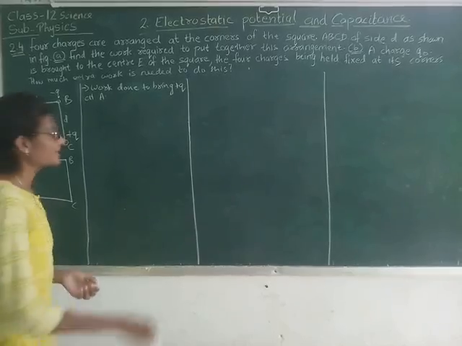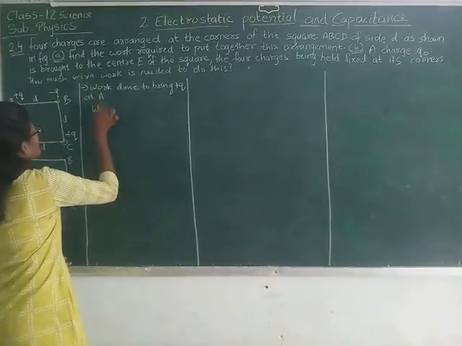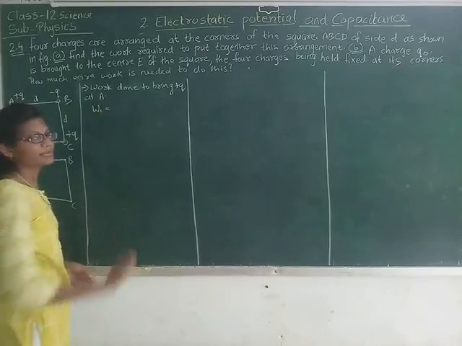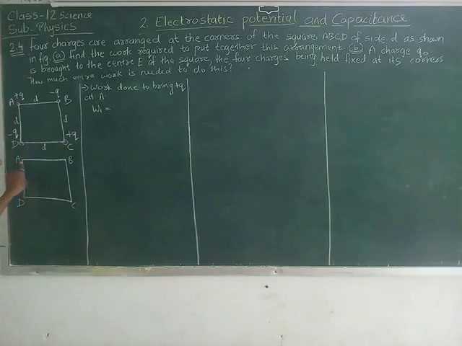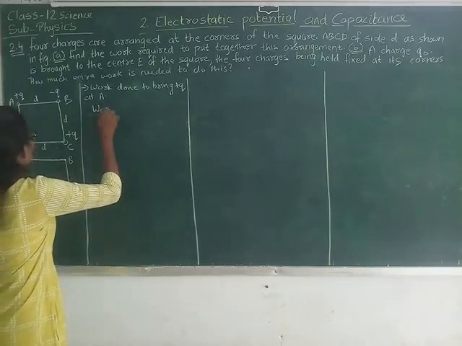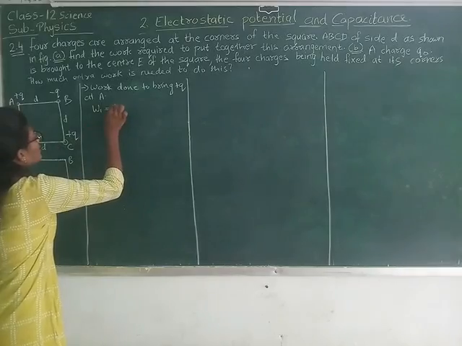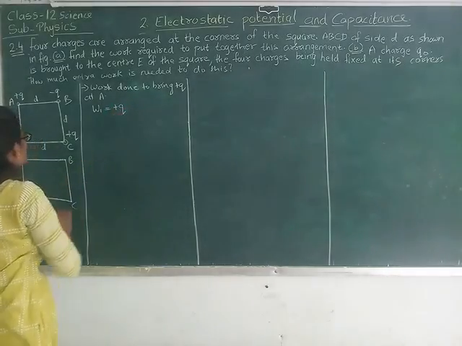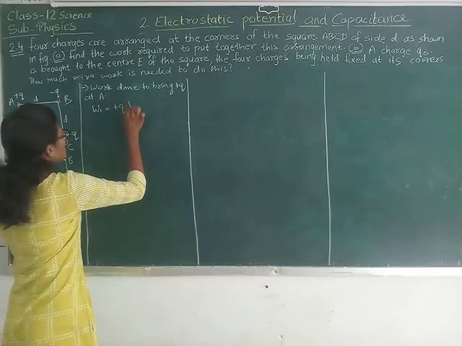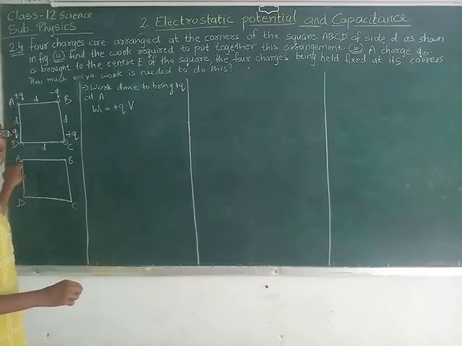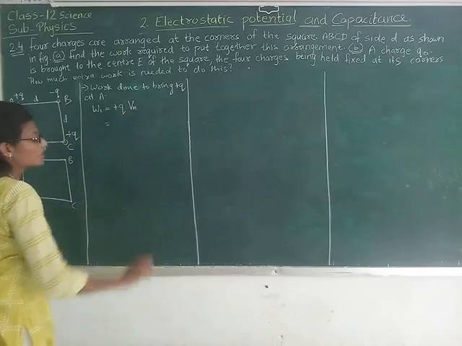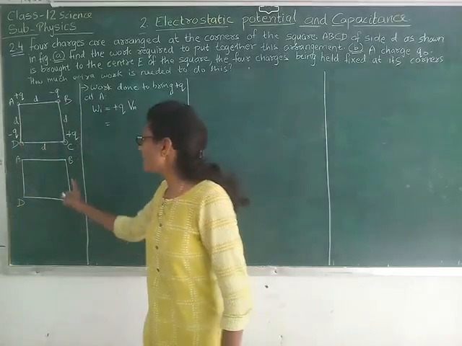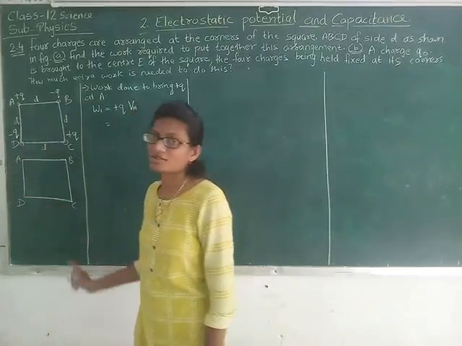And we know work done, let us denote it as W1. Work done to bring the plus Q charge over here, that is at point A, is equal to plus Q into potential at this point A, that is VA. Now we know that here initially there is no charge, right?